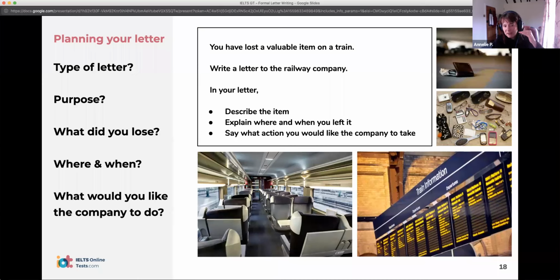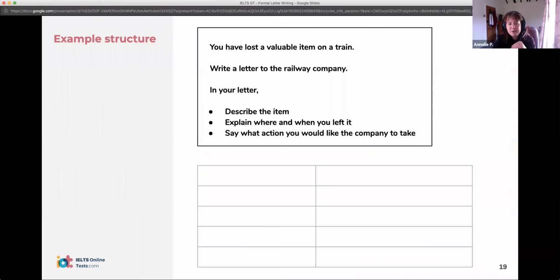So we've got all of our plans here. We know what we've lost, we know where and when, and we know what we want them to do if they find it. So let's look now at how you're going to structure the letter. The first part is the greeting. Then, very important, the very first thing you put in the body of the letter is the purpose.